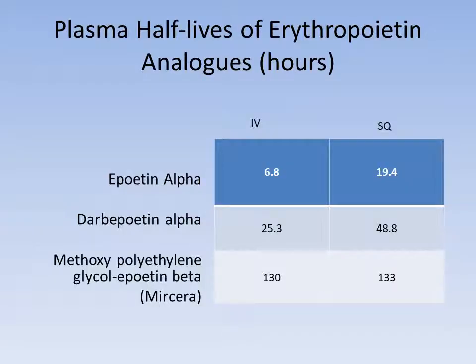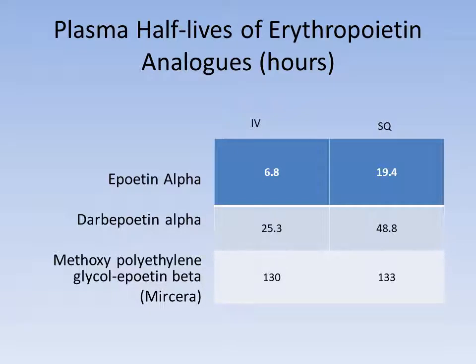Okay, so this slide shows the differences in half-life for some of the different agents. Basically the half-life for EPO alpha is about 7 hours, for Aranesp about 25 hours, and for Mircera about 130 hours. So basically you can increase the half-life of EPO alpha with this side chain so that it's 20 times greater.